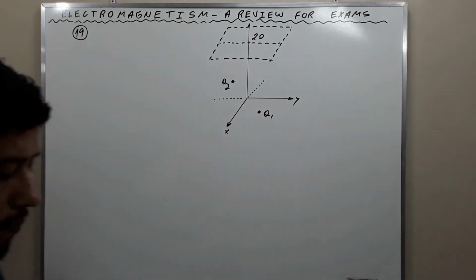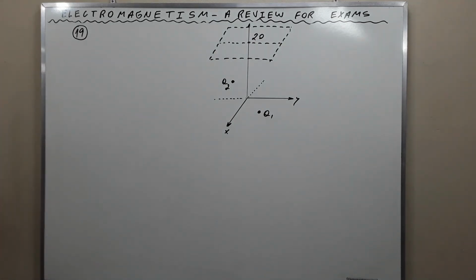Exercise 19. Two point charges Q1 and Q2 are placed at coordinates (1, 1, 0) and (-1, -1, 0) respectively. The charge of Q1 is 10 microcoulombs and the charge of Q2 is 20 microcoulombs.